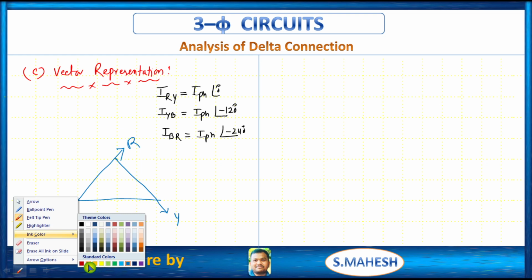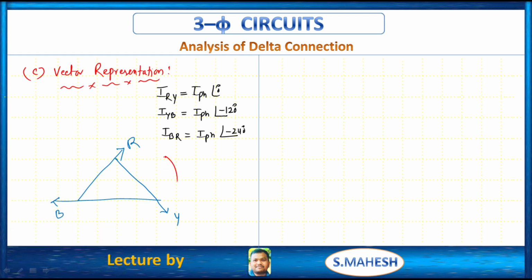In any case, we have to follow the phase sequence. That is what? Anti-clockwise phase sequence, right? So the first vector crossing the observer is what? R, later Y, later B.